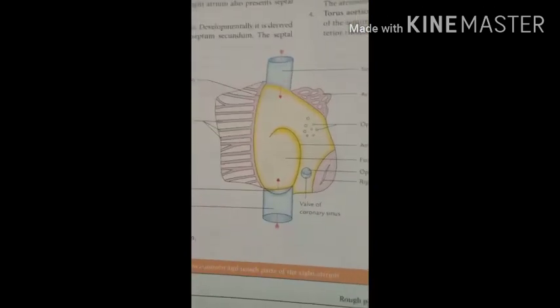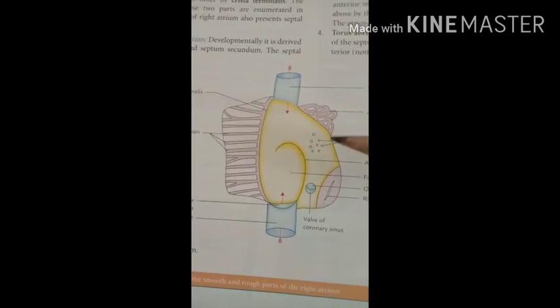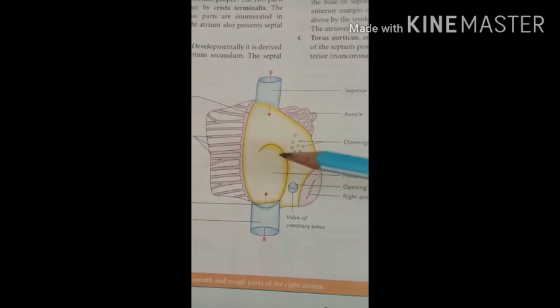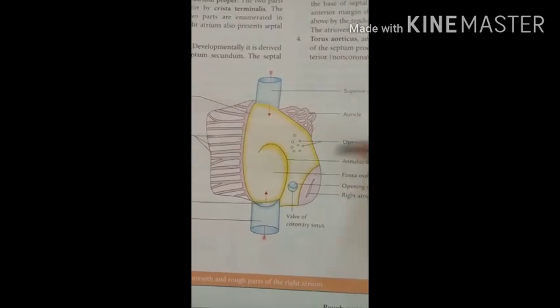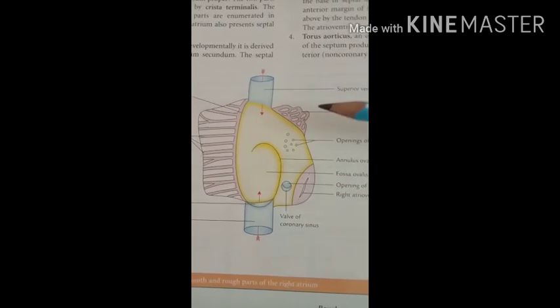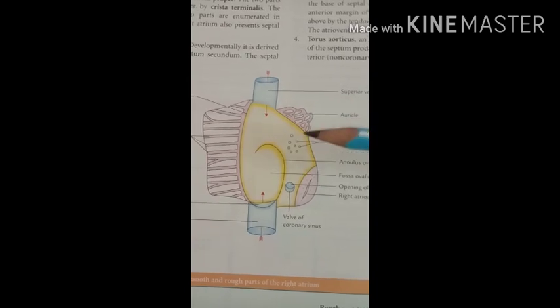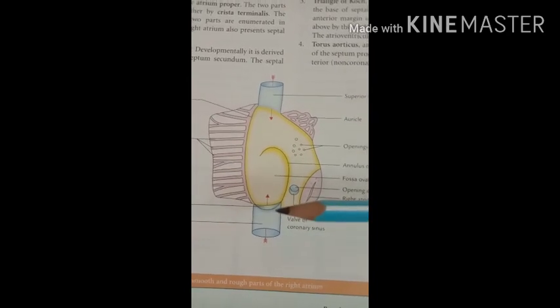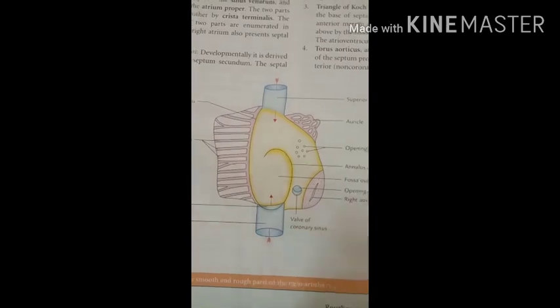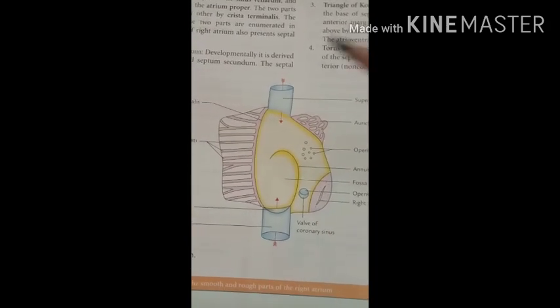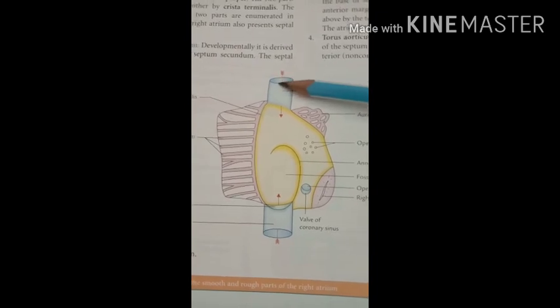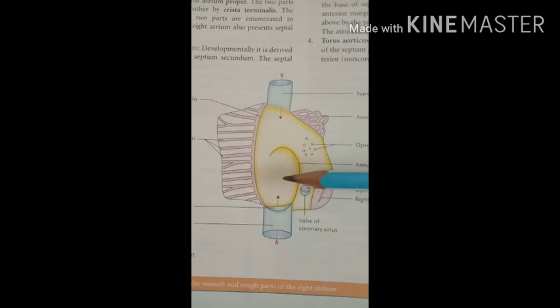Next, the right atrium receives the venous blood from all the body and pours this venous blood into the right ventricle through the tricuspid valve. The deoxygenated blood enters the heart from the superior vena cava and from the inferior vena cava.